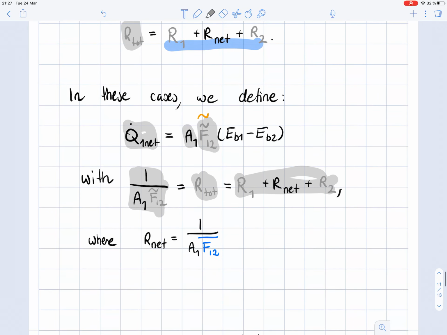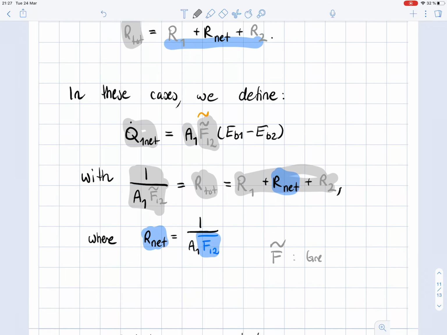And what is then interesting to note also is that, of course, the net resistance depends upon the effective view factor for a black body. So if you see this one, this is a lumped parameter for gray bodies.